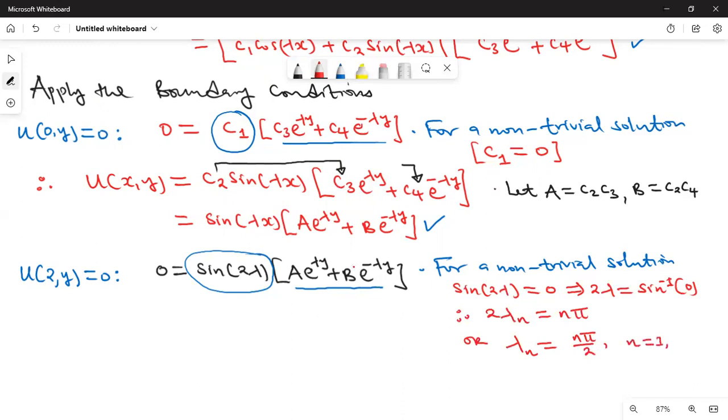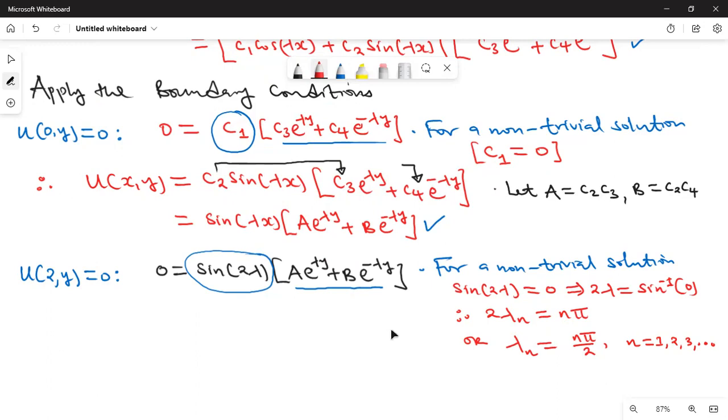That is from 1, 2, 3, etc. Somebody might ask, why are we not starting from n equal to 0? You see, when we start from n equal to 0, that will reduce us to case 2, where k was equal to 0. That means lambda will be equal to 0. And we started by saying that lambda cannot be equal to 0.